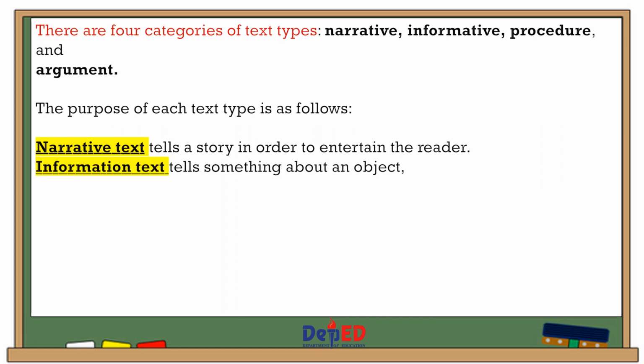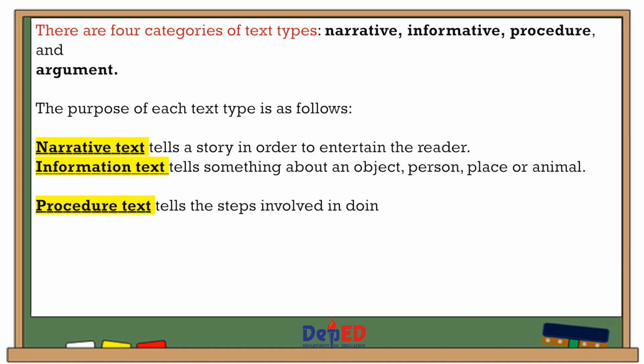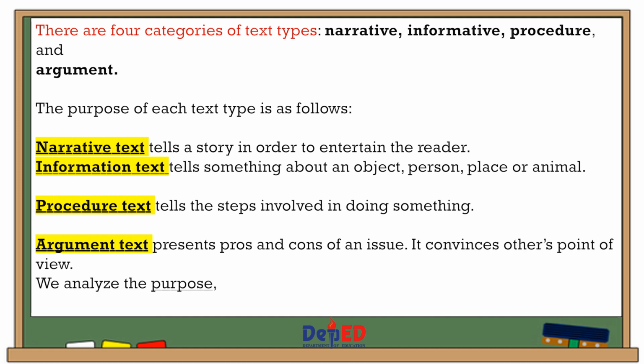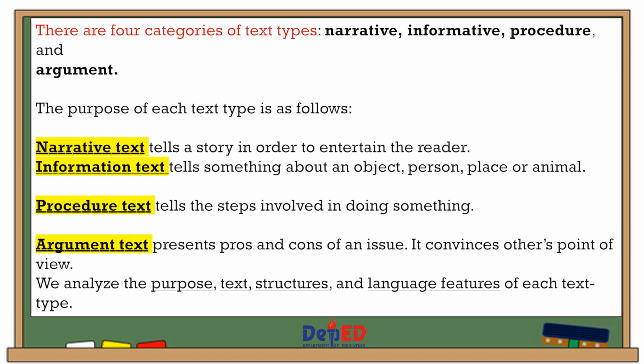Information text tells something about an object, person, place, or animal. Procedure text tells the steps involved in doing something. Argument text presents pros and cons of an issue. It convinces others of a point of view. We analyze the purpose, text structures, and language features of each text type.